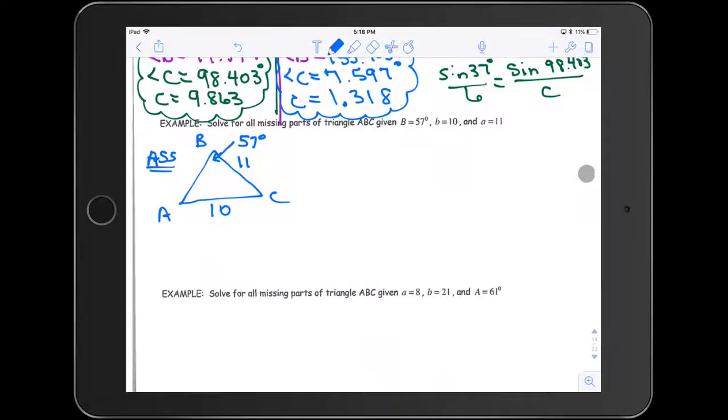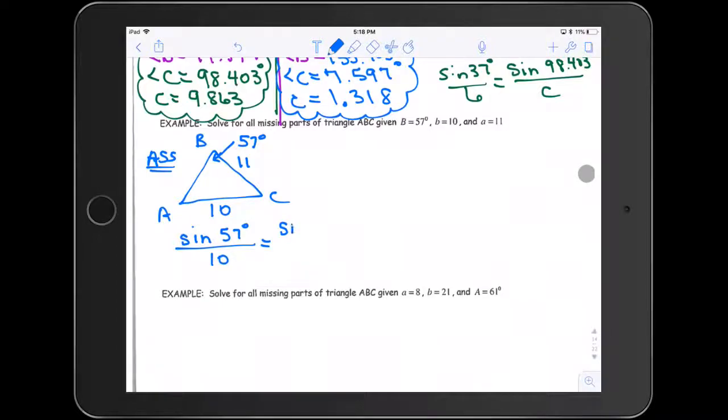So I want you to pause this video right now and actually work through this. When you first set up this law of sines, you're going to go sine of 57 degrees over 10 equals, and the one you do need to find is angle A, because that's the other side you know.